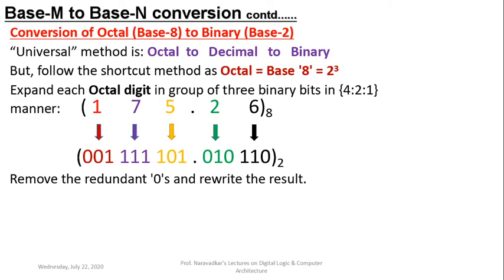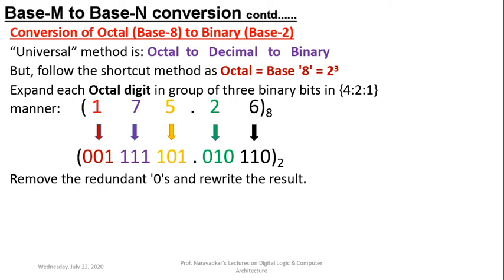You will find that in this particular result, to the left side of the binary point, there are a total of 7 significant bits. Even though it looks like 9, actually 9 are not there. The extreme left 2 zeros are really redundant, not required. Similarly, on the right side of the binary point, there are 5 significant bits, but the 6th bit, the extreme right bit 0, is not required.